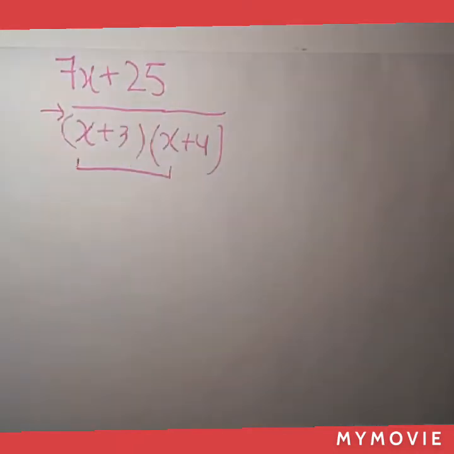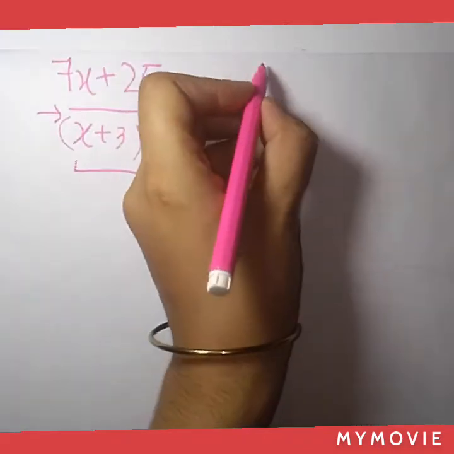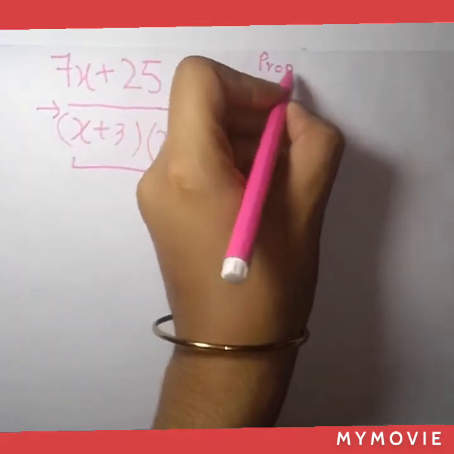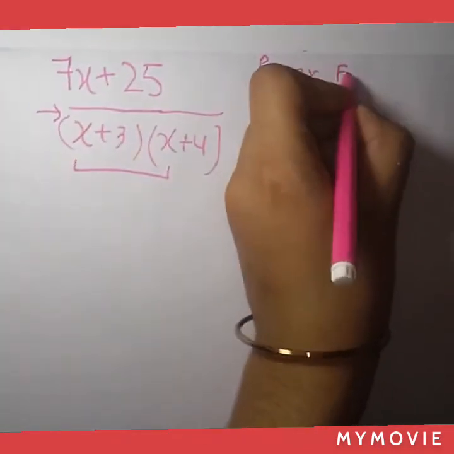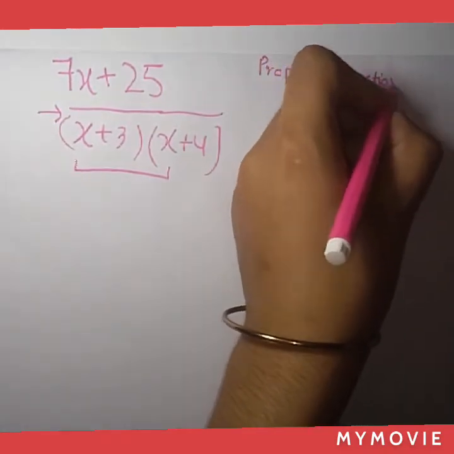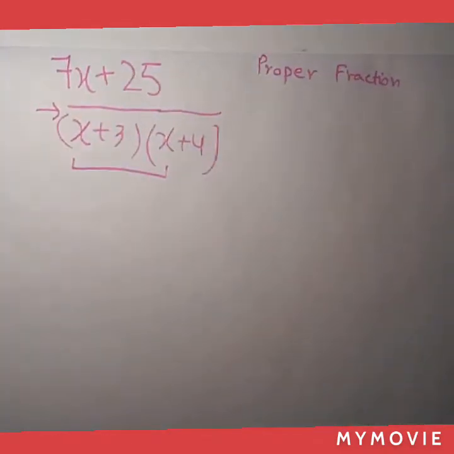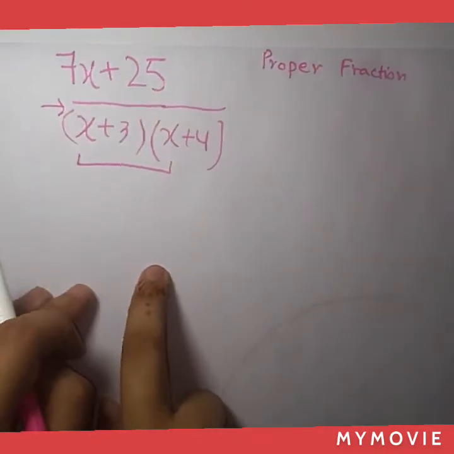On the upper side there is a polynomial of degree 1 and on the lower side a polynomial of degree 2. Then you get that this is a proper fraction. Write it as P, or proper fraction. For a proper fraction, you don't have to convert it into a mixed form and then solve it. No, you have to solve this question by these steps.